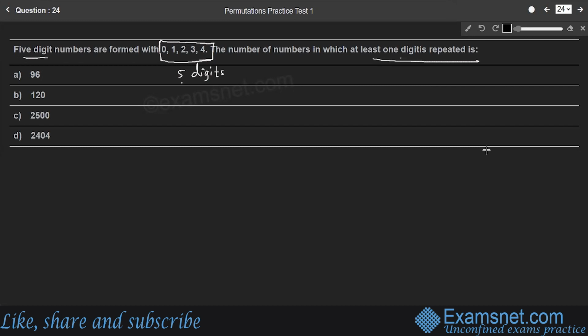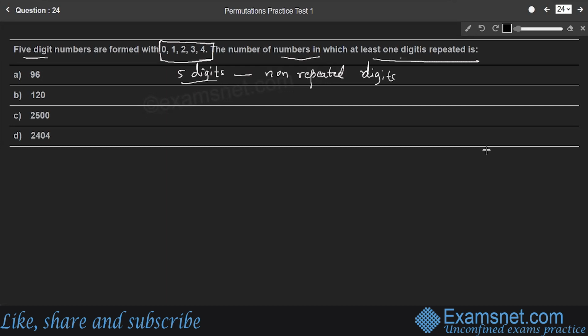So the total number of 5-digit numbers minus the non-repeated numbers gives the total number of numbers in which at least one digit is repeated. Here, students, we are going to find the numbers in which the digits are repeated, right?